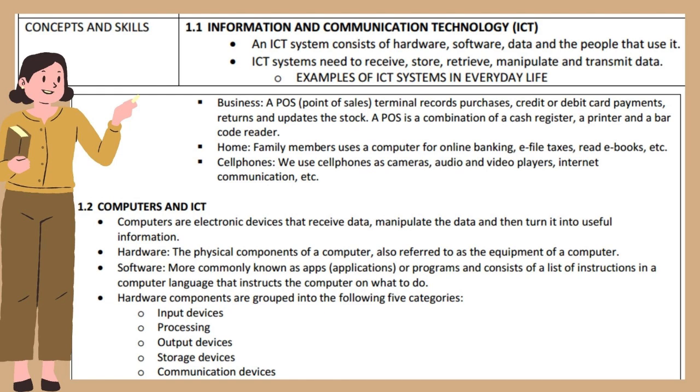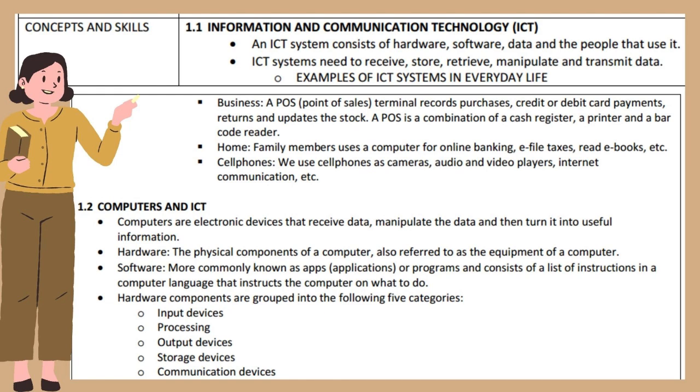1.2 Computers and ICT. Computers are electronic devices that receive data, manipulate the data and then turn it into useful information. Hardware, the physical components of a computer, also referred to as the equipment of a computer.